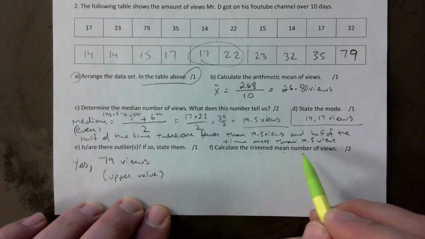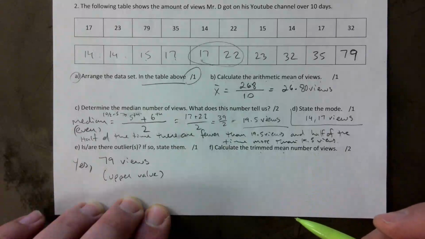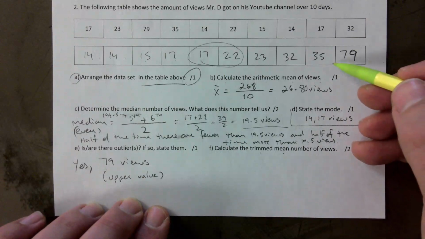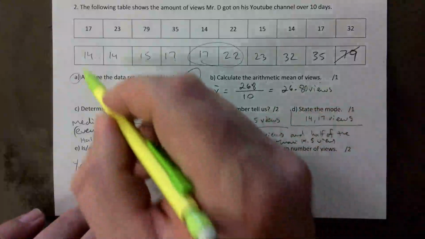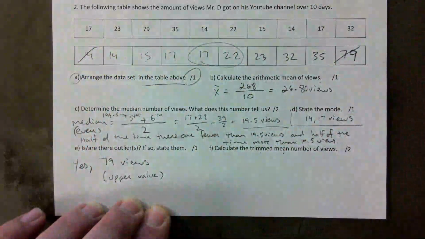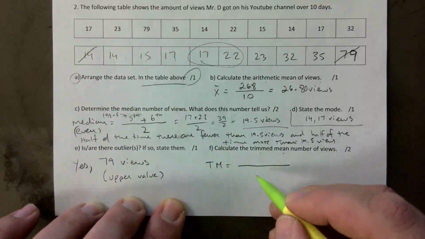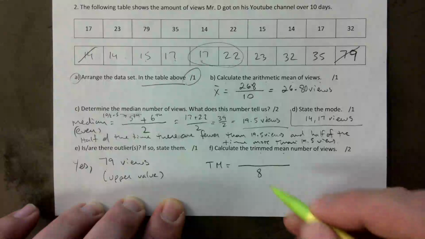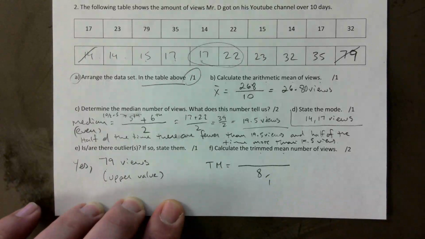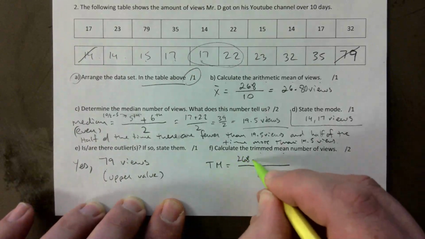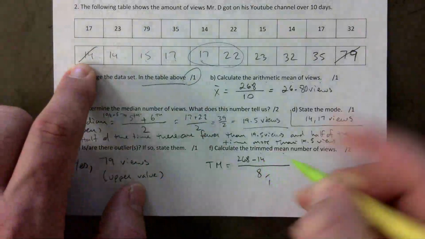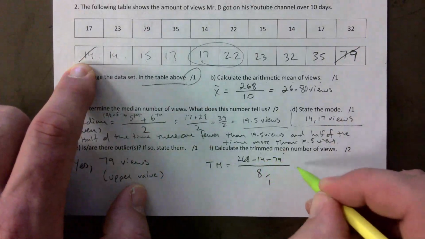Calculate the trimmed mean number of views. So in this case, if you just take out 1 on each end, you're going to get the right answer. So for the trimmed mean, you're down to 8. Okay, so that's one mark right there. And then you go 268 and you subtract the 14, you subtract the 79.